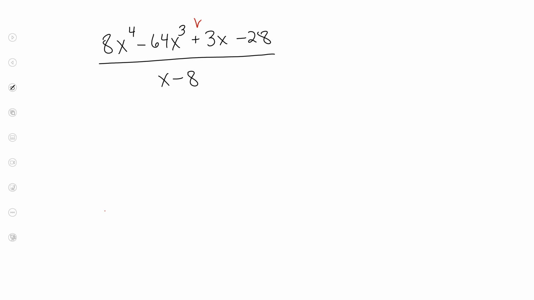Yes, it's missing the quadratic, x squared. It's missing that one, right? Okay, so how we set this up, we're still going to put the coefficients, 8, then negative 64. Since we are missing the x squared, put a 0 for the x squared term. And whatever other term you're missing, you need to put a 0 there. The next one is a 3. The next coefficient is a negative 28.